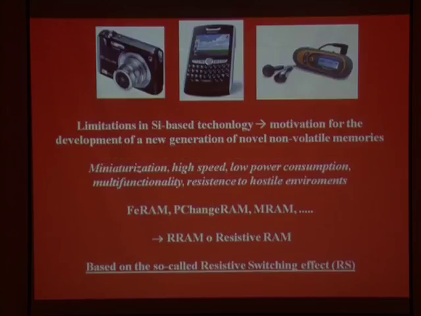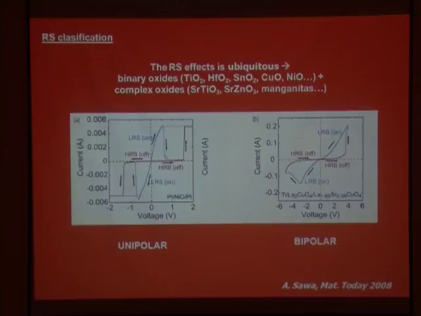So, I think you should be a little bit tired of this kind of introduction, so I will avoid it. Of course, resistive switching is divided in unipolar and bipolar. Usually unipolar is found in simple oxides or binary oxides, while complex oxides such as manganites display the bipolar behavior.